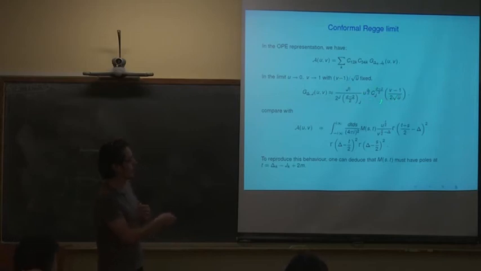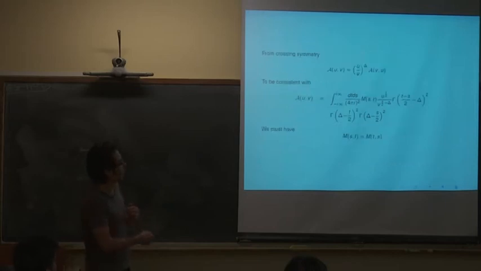So just looking at this limit and comparing with the Mellin amplitude, we can identify the poles in the Mellin amplitude. In order to reproduce all of these behaviors, the Mellin amplitude should have single poles for all the operators that you are crossing.